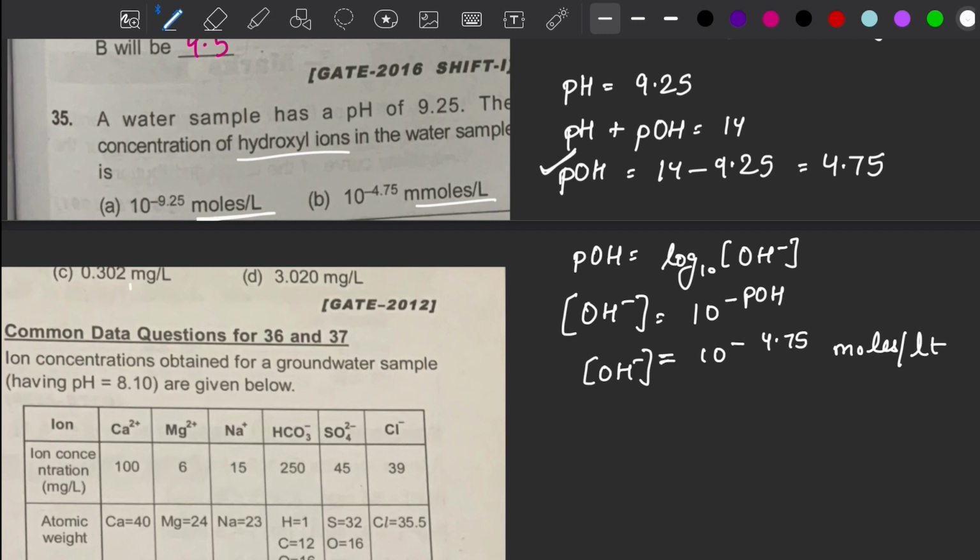Now the option is in milligram per liter, so let's change it into milligram per liter.